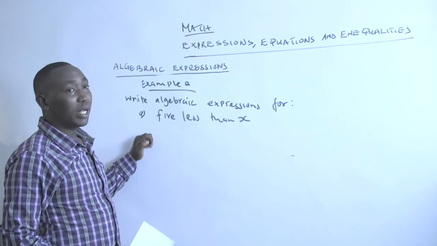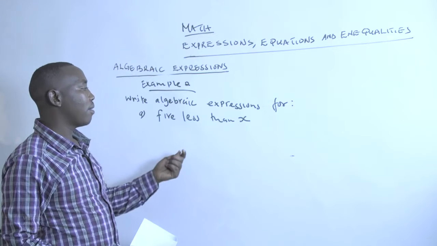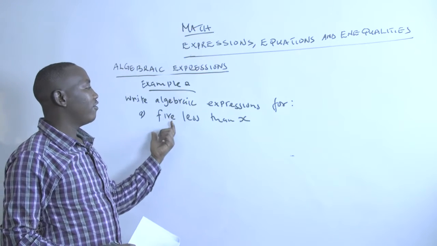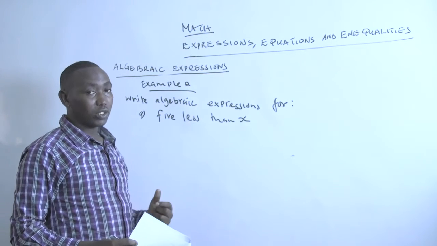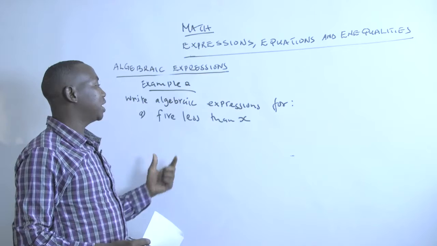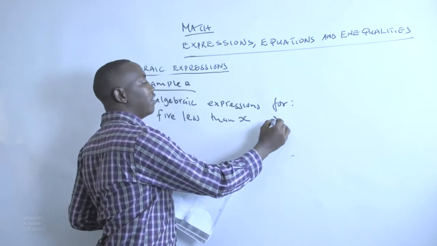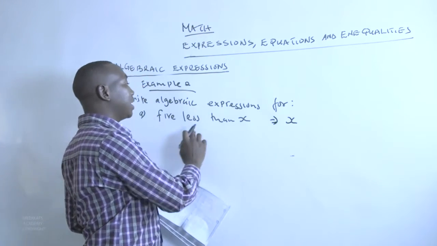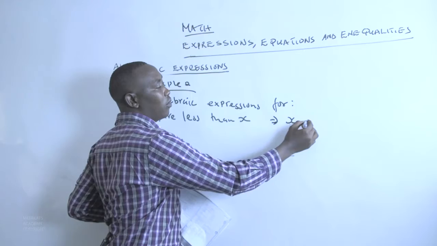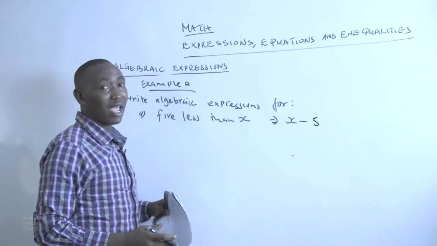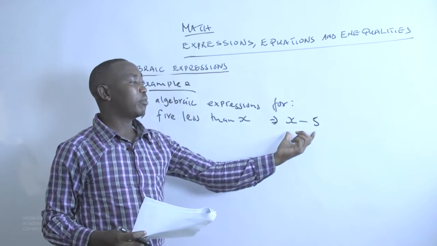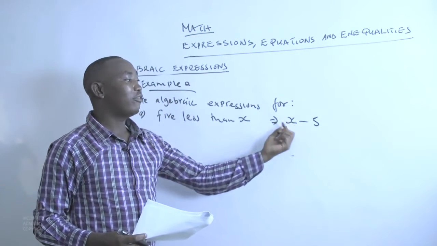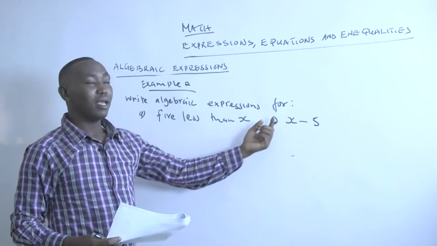In this particular question, we have 5 less than x. So the solution for this particular case will take the value which is x, will less the number which is 5. So this expression simply means 5 less than x.